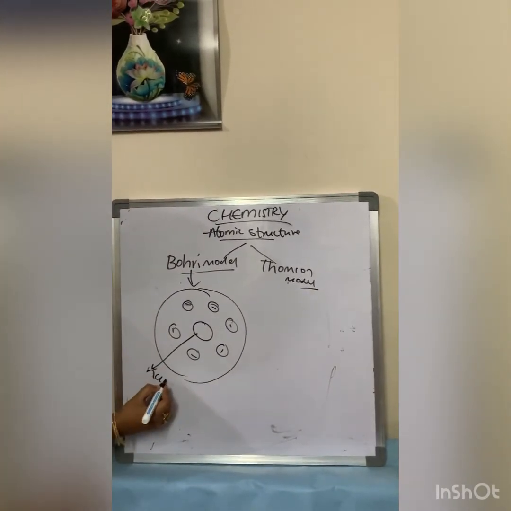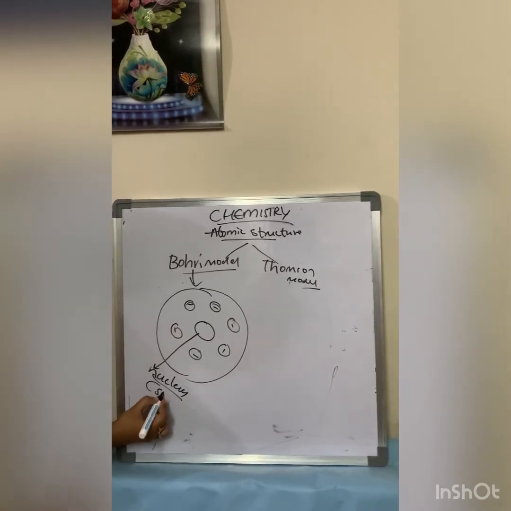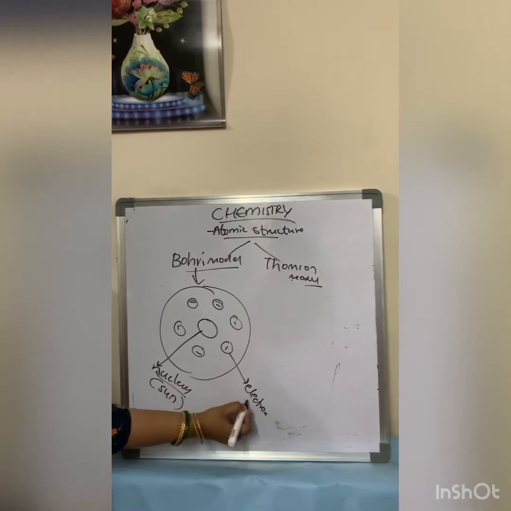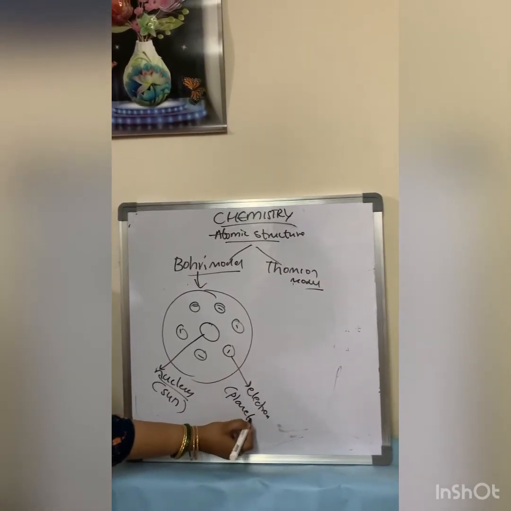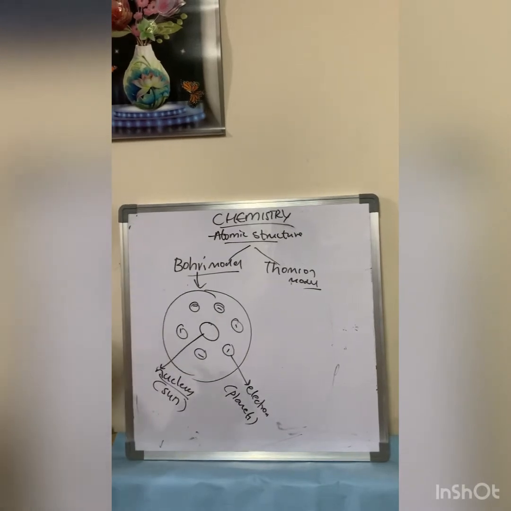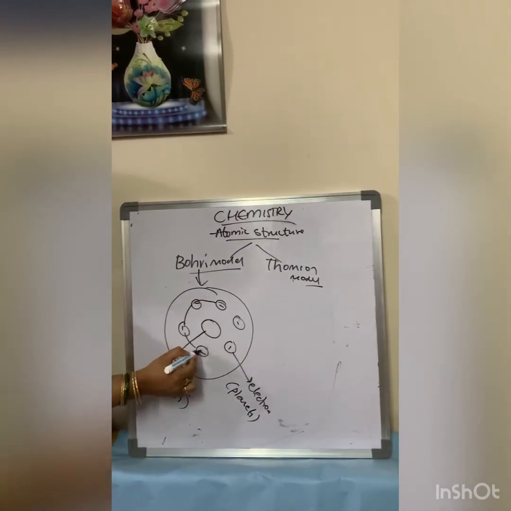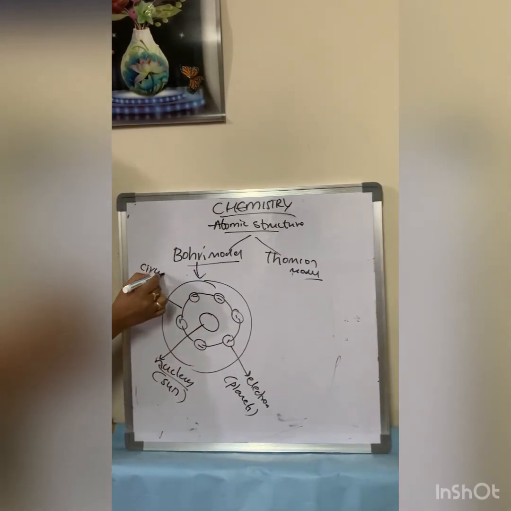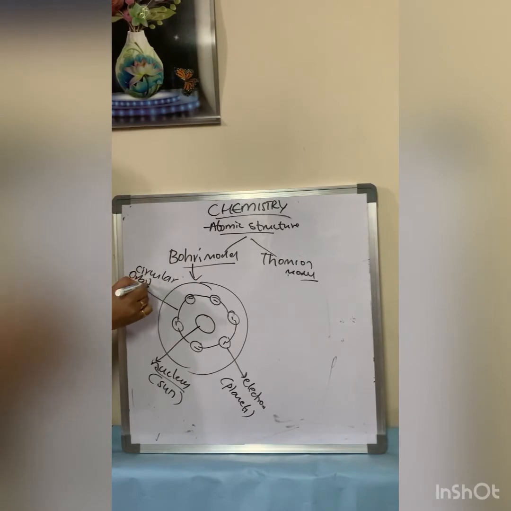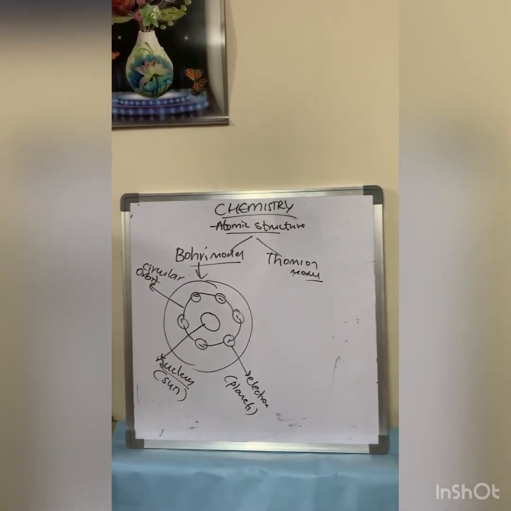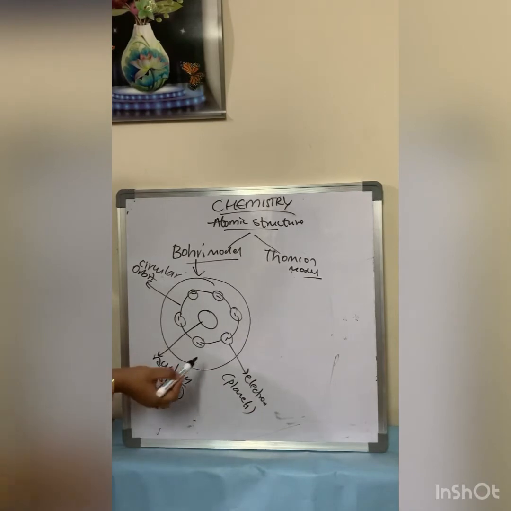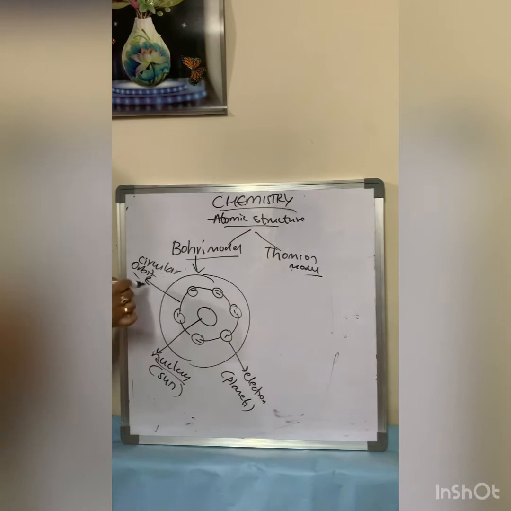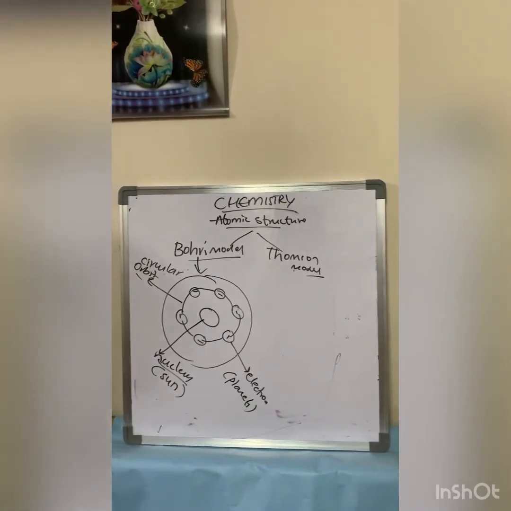He considered the nucleus as the sun and the electrons as planets, which revolve around the nucleus in a circular orbit, whereas our Earth revolves around the sun in a circular orbit. In the same way, he explained that electrons will revolve round the nucleus in a circular orbit. This is what Bohr explained.